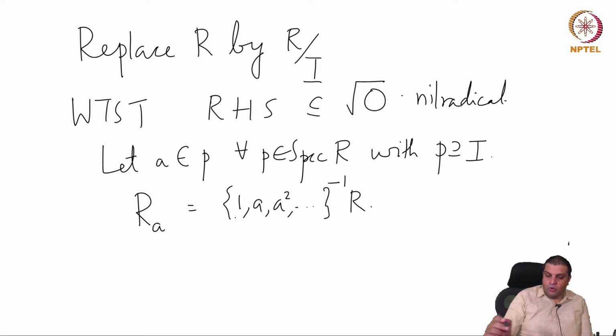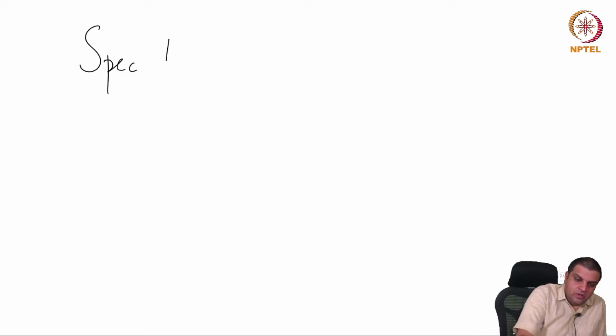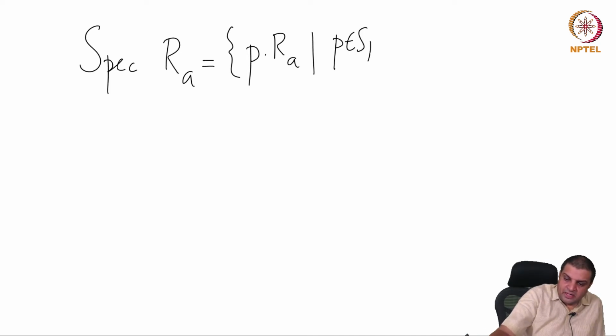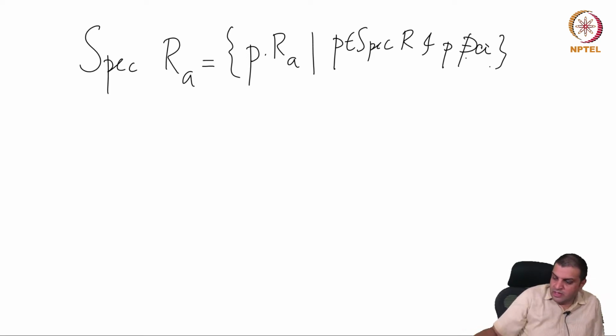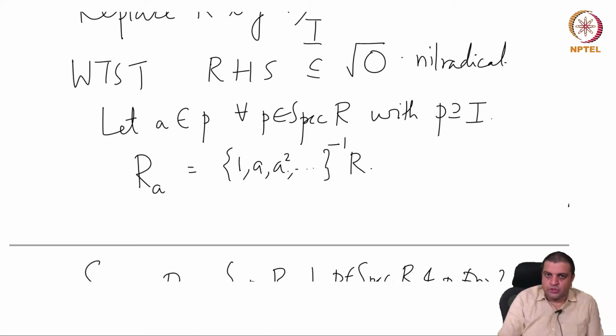Now we know what the primes of a localization are. Spec of R localized at A consists of P extended to R localized at A, where P is in Spec R and P does not contain A. What it says is P does not intersect this set, but if P intersects this set, it would contain some power of A, and hence it will also contain A. So it shouldn't do that.